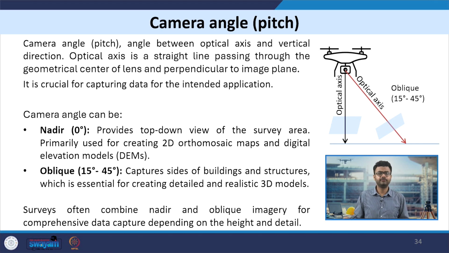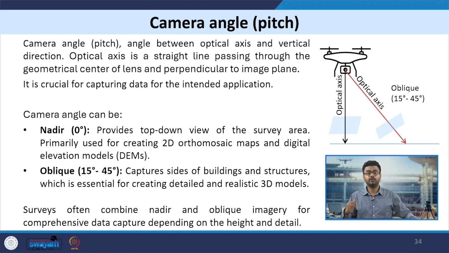In addition to this, we can also control the camera angle, which is the angle between the optical axis and the vertical direction. Optical axis is the straight line passing through the geometric center of the lens and perpendicular to the image plane. And this camera angle is crucial for capturing data depending on the intended application. For example, if our intention is to only create 2D orthomosaic maps and digital elevation models, then the camera angle is kept nadir, in the 0 degree direction.